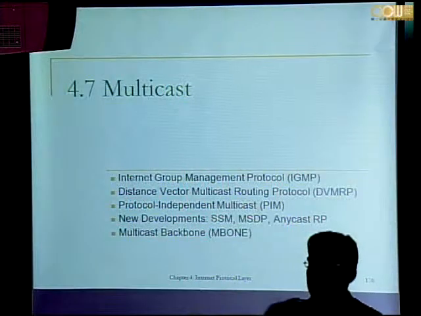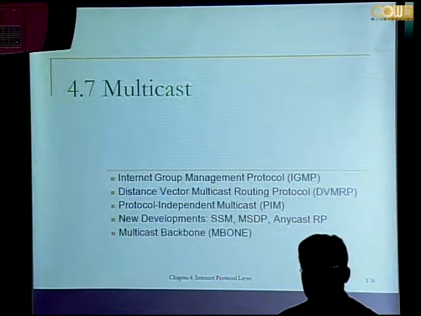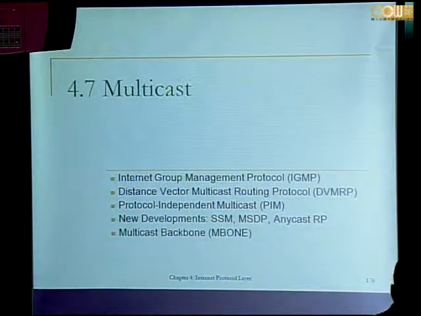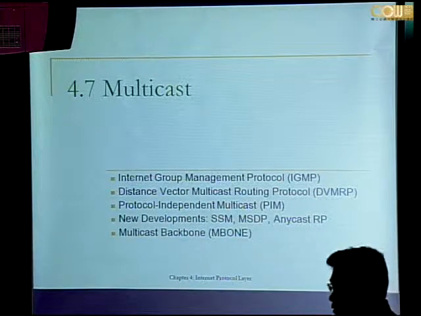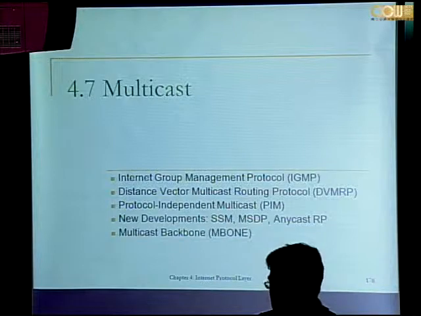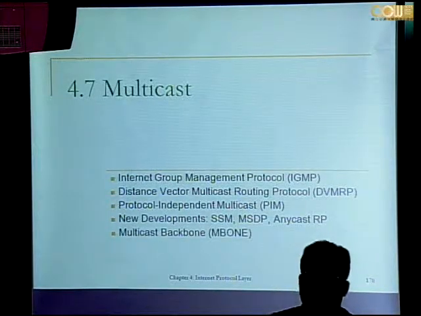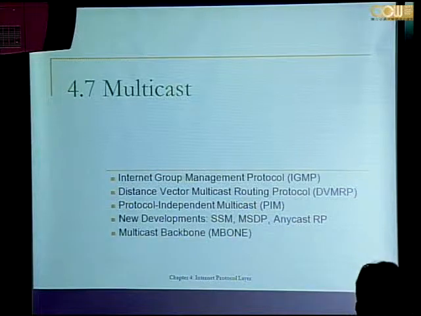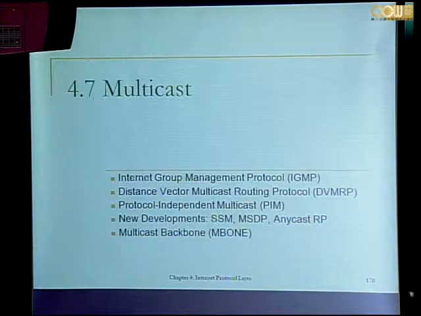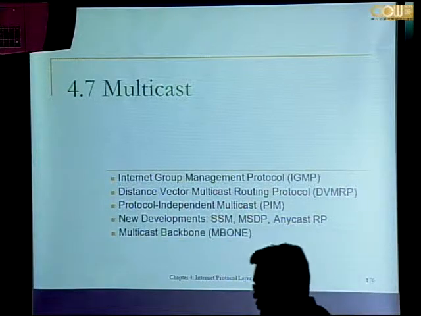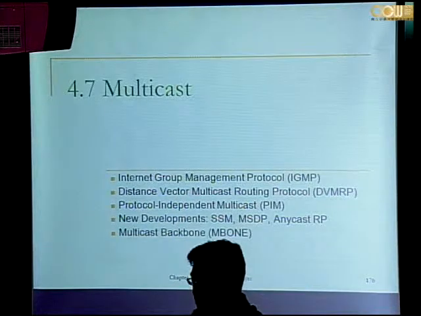Okay, last week we talked about the control protocol at the IP layer. We talked about the ARP protocol, ICMP protocol, DHCP protocol, and those kinds of control plane protocols.